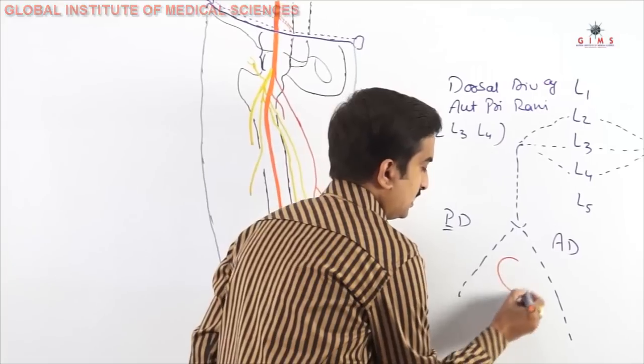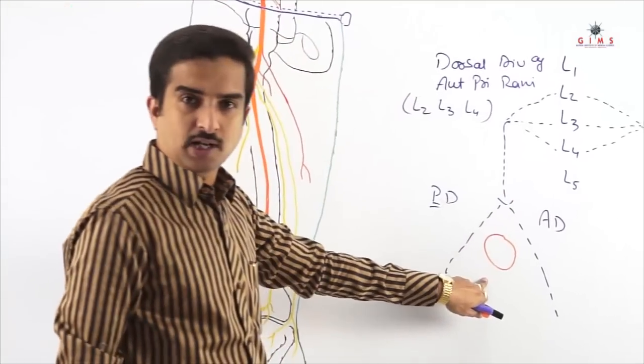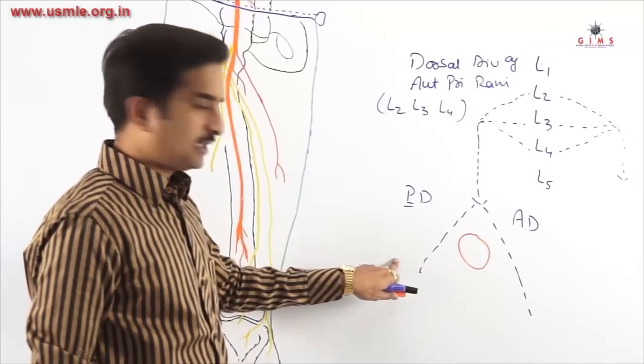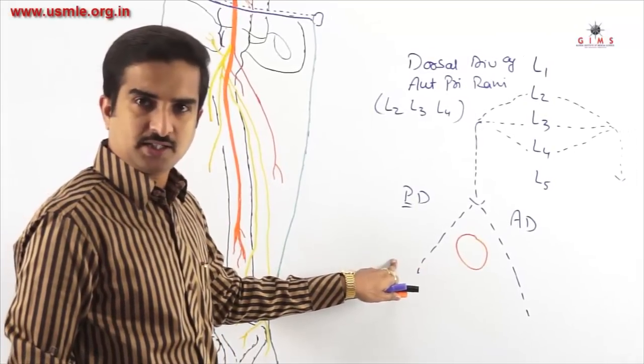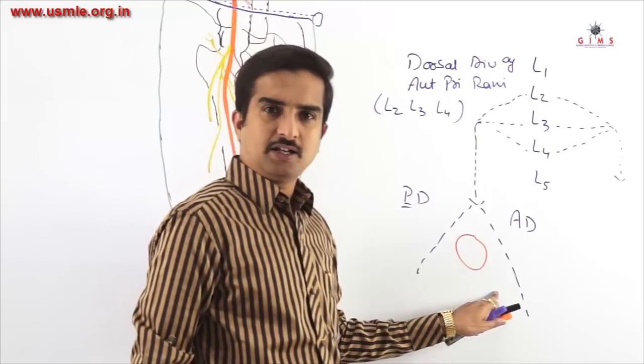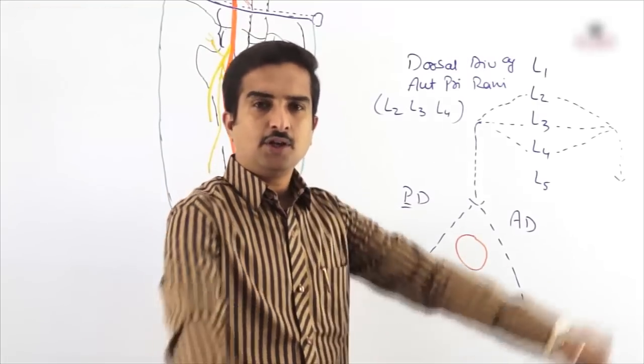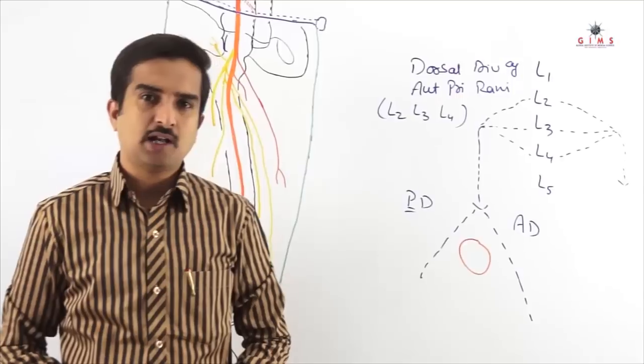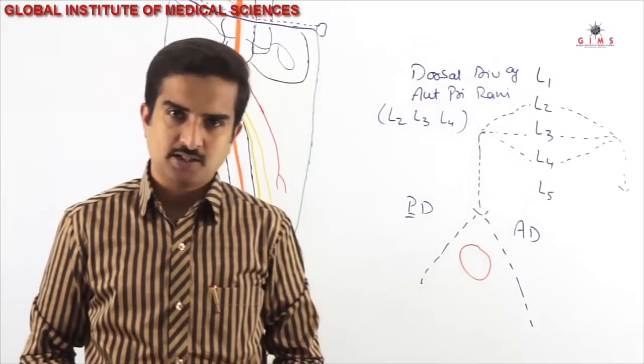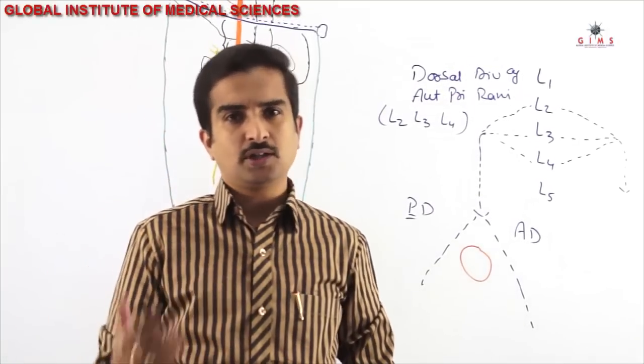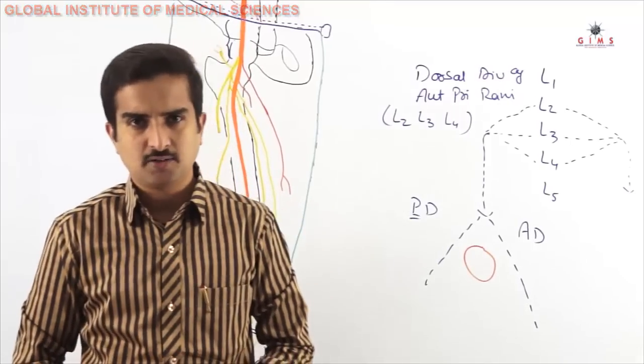You know that the lateral circumflex femoral artery is a branch of the profunda femoris artery, and the profunda femoris artery is the largest branch of the femoral artery, right?